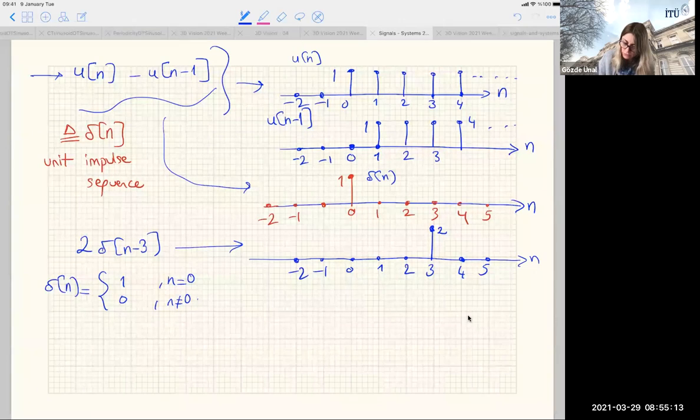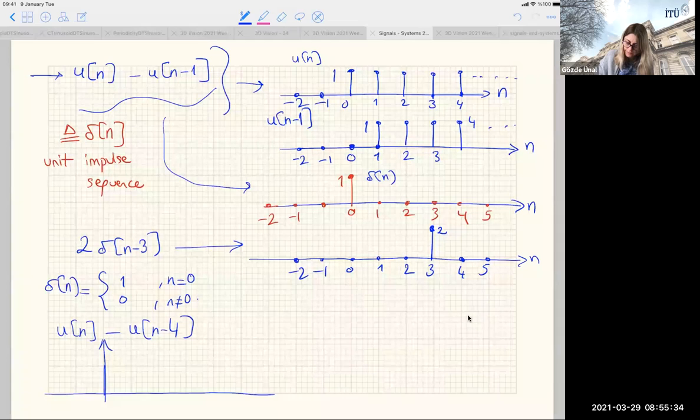Also we can create other functions, like a square pulse. For instance, what is u of n minus u of n minus 4? I think you guys can now imagine this. This is going to be 1 at 0, 1 at 1, 2, 3, but it's going to be 0 at other indexes.